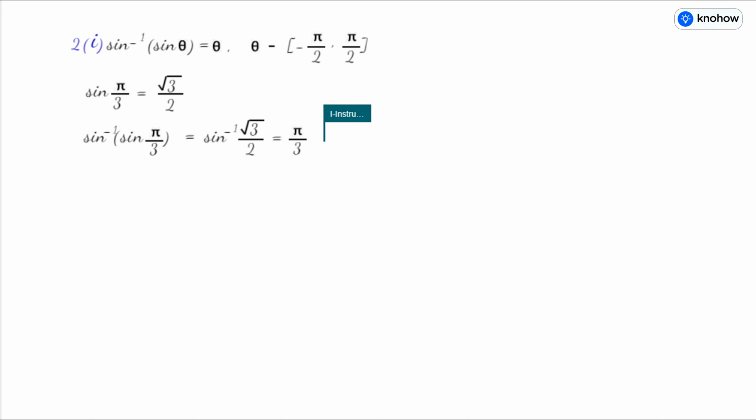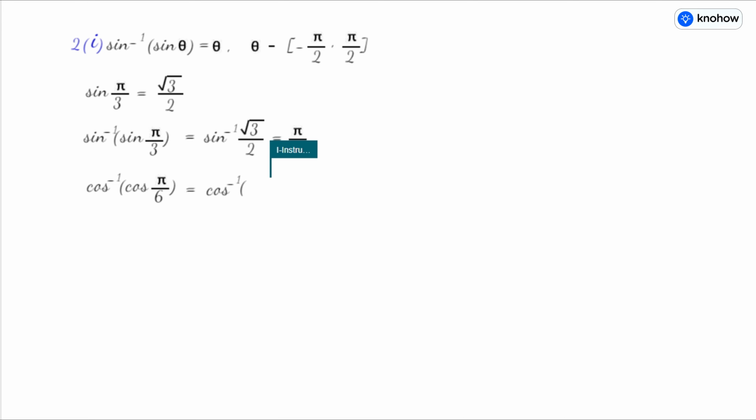Similarly, let's take one more example. Say cos inverse of cos pi by 6. So what is the value of cos 30 degrees, cos pi by 6?